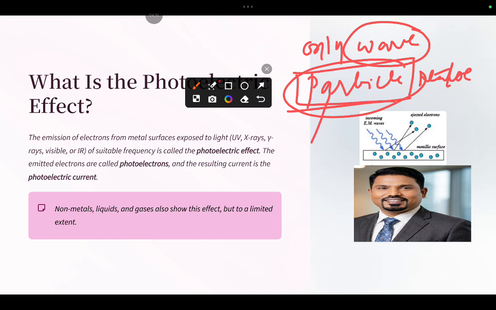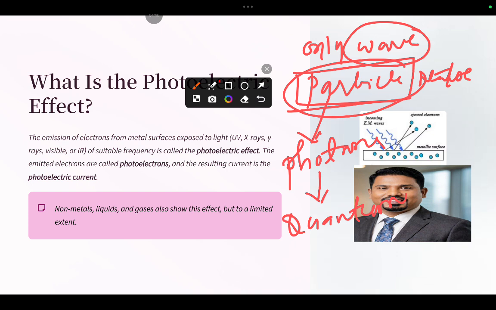These particles we call photons. This study of the photoelectric effect played a very important role in quantum theory.